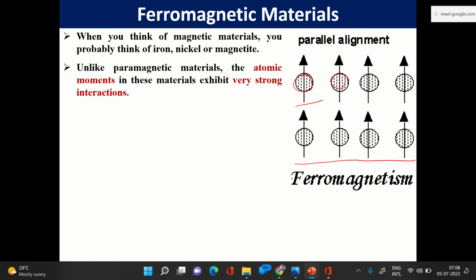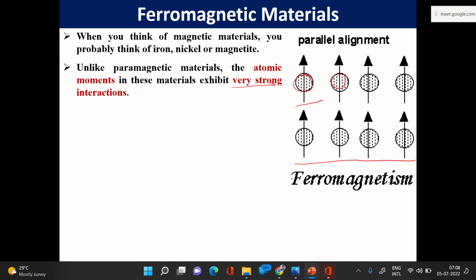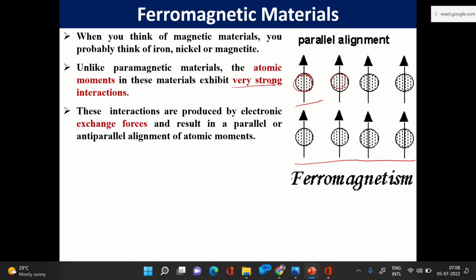There are strong interactions between the atomic moments as compared to paramagnetic materials. It is very strong, and this is mainly due to the exchange process, the Hund's rule that you have already learned, and more you will be learning in term symbols, where we talk about Hund's rules 1, 2 and 3. Exchange interaction is typically described through that.